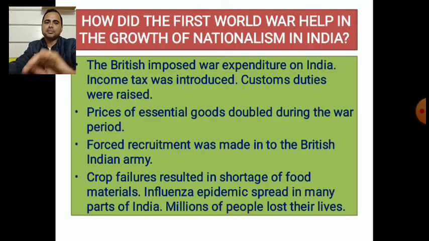The breakout of the First World War caused destruction of various resources, loss of human life, lots of casualties, economic shutdown, and pandemic or epidemic situations.